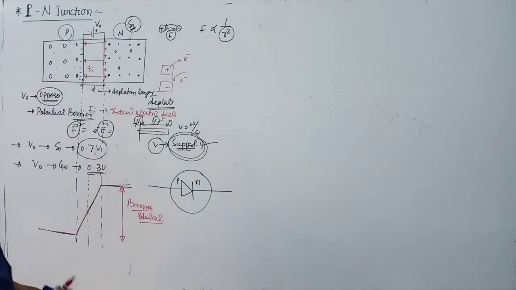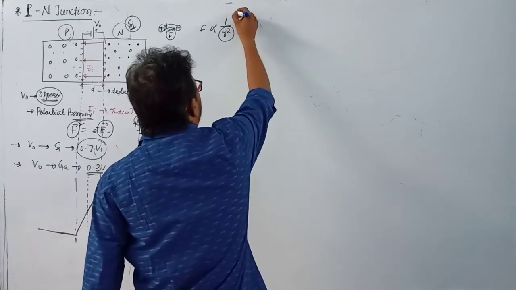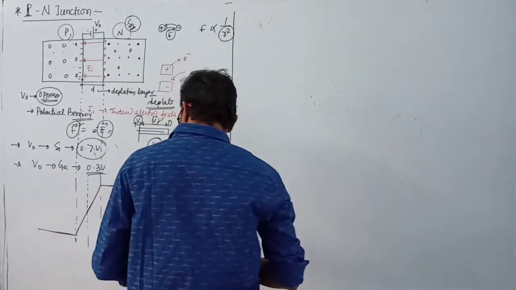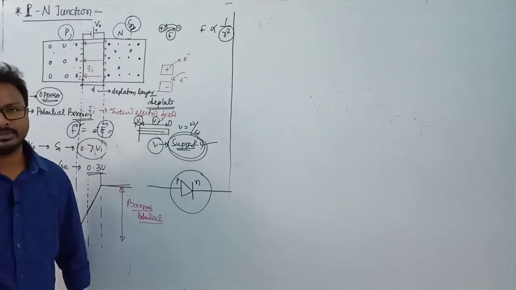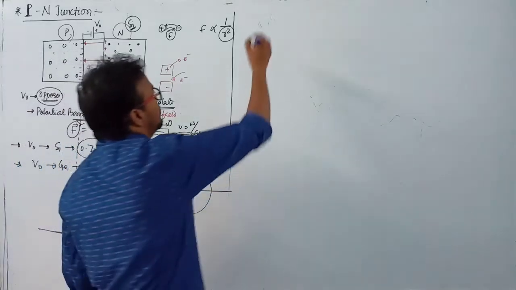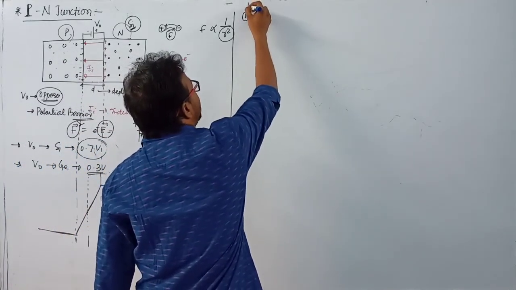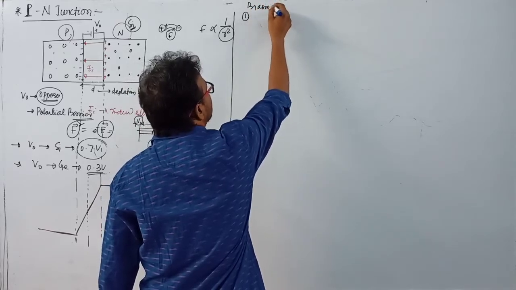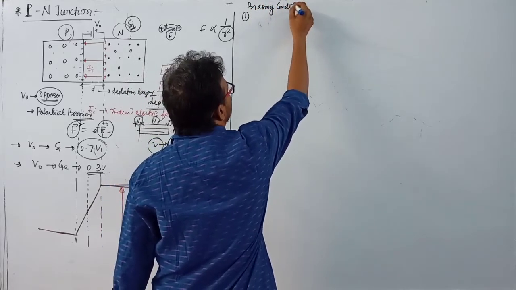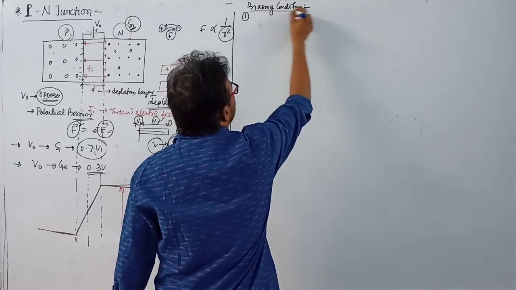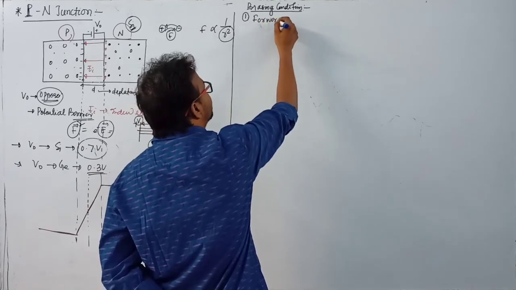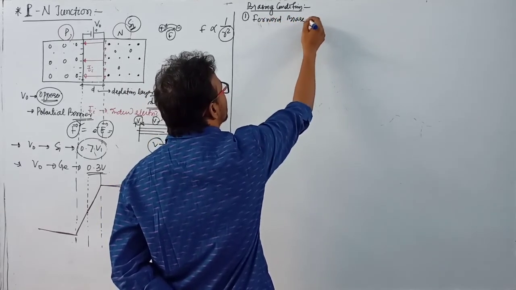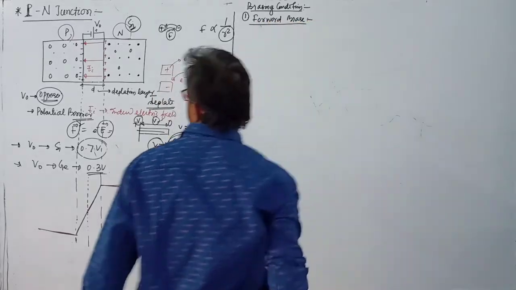Now we will discuss here the important thing, that is forward bias and biasing condition. Biasing condition means when we apply an electric field to the PN junction diode, then there are two possibilities. So the first possibility is known as forward bias.